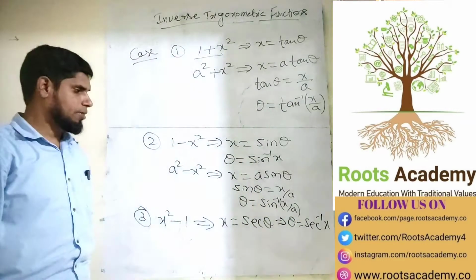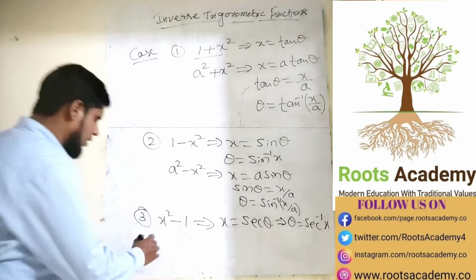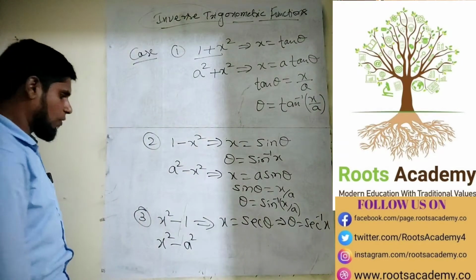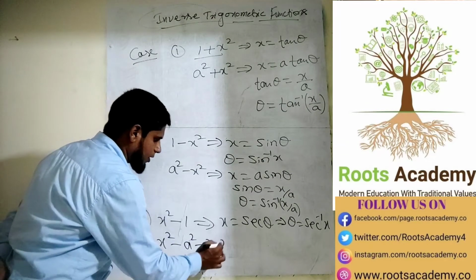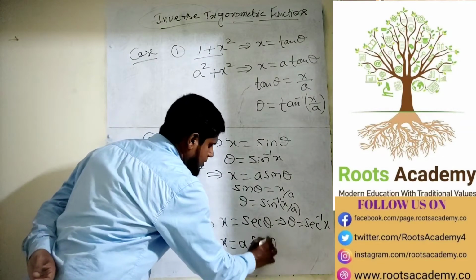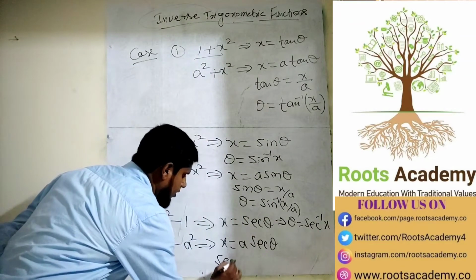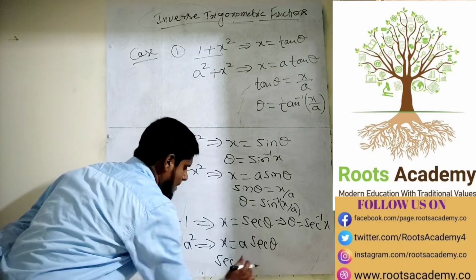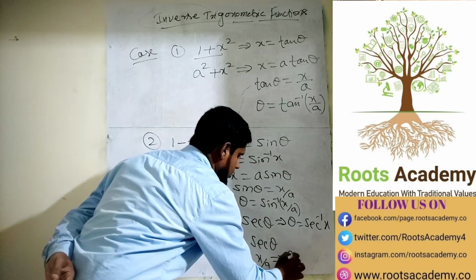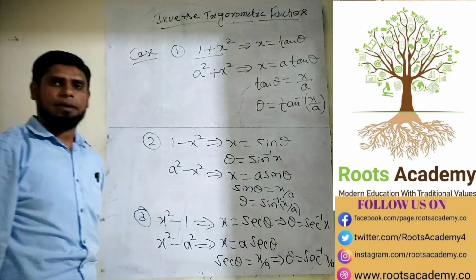If it is x square minus a square, that gives x is equal to a secant theta. Then secant theta can be written as x by a. That implies theta is equal to secant inverse x by a.